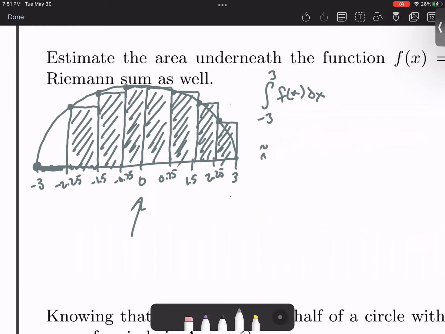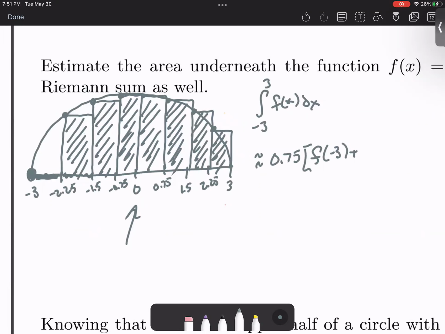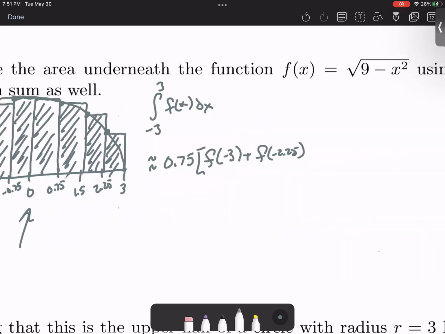So we can approximate this as 0.75 times the function value at -3, right? That's the height of my first rectangle right there, plus the height at -2.25 there, and we'll continue in this way.